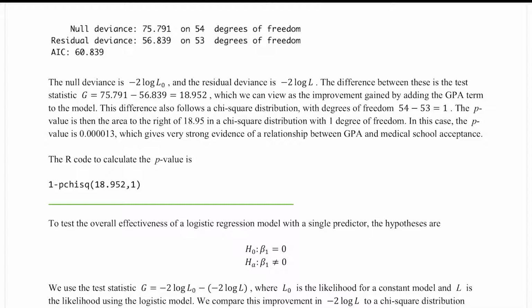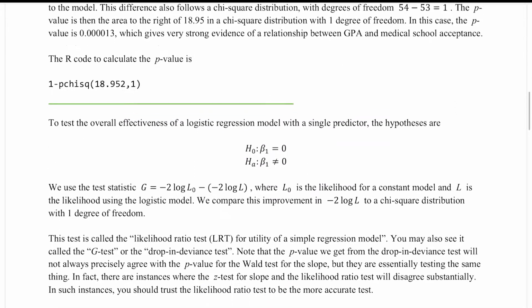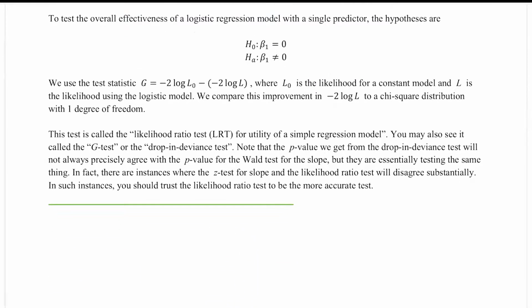And our test statistic is actually the difference between those two, and then we have 1 degree of freedom in this case because we're looking at a difference of 1 predictor from the null model to what we could call, and will call soon, the full model. And R can calculate the p-value based on a chi-square distribution, and the p-value in this case is very, very small, so we have, again, very strong evidence of a relationship between the GPA and the medical school acceptance.